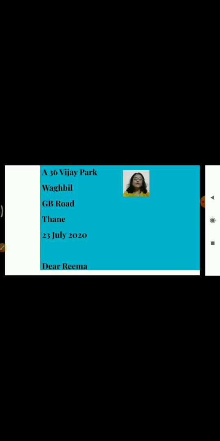First comes the address, isn't it? You have to write the address without punctuation. So here it goes. The address is A36 Vijay Park, Wagbil, GB Road, Thane. So this is the address in short.